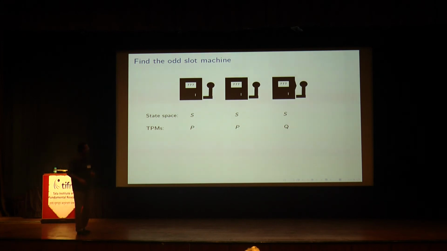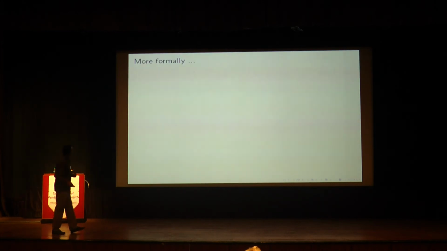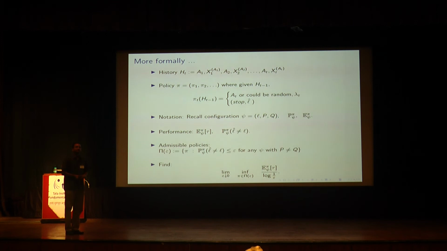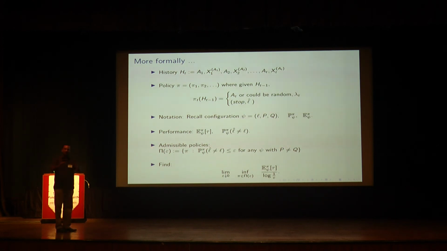If you go a few slides ahead, you had a definition of what it means for a policy to be admissible for a fixed epsilon. Yes, here. You might ask yourself, is there a policy pi that actually has this property for all pairs P and Q? It seems hard to believe that there would be such a policy if P was allowed to be arbitrarily close to Q. That is correct, and that question is a valid question.